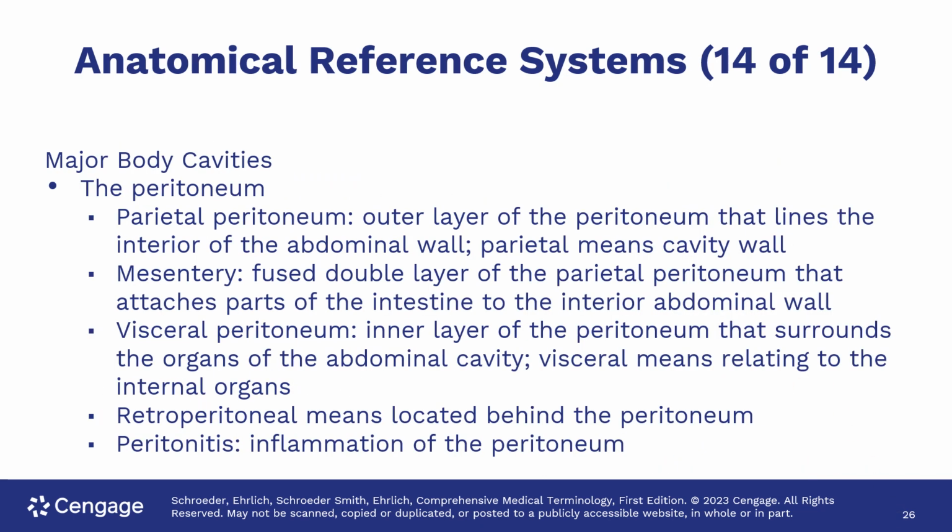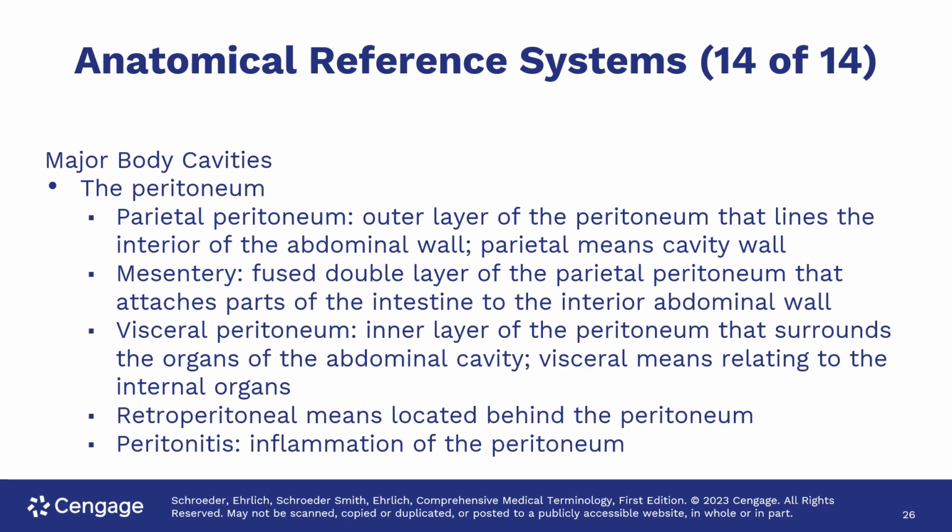The peritoneum is made up of the parietal peritoneum, which is the outer layer that covers the inner abdominal wall. The mesentery, that's a double layered lining of the parietal peritoneum that attaches to the intestine and the inner abdominal wall. There's the visceral peritoneum that surrounds the organs in the abdominal cavity.